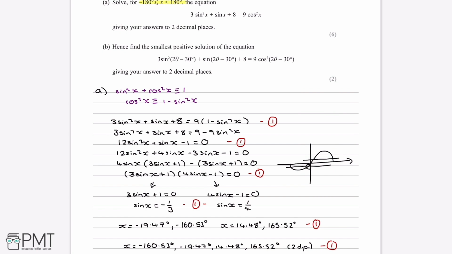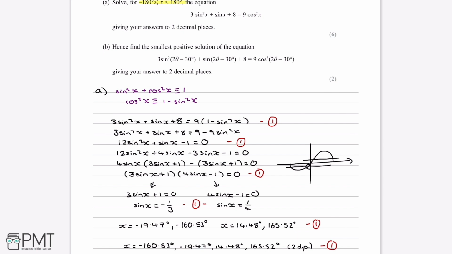So part B is asking us, hence find the smallest positive solution of the equation 3 sine squared (2 theta minus 30 degrees) plus sine (2 theta minus 30 degrees) plus 8 is equal to 9 cos squared (2 theta minus 30 degrees), giving your answer to two decimal places.